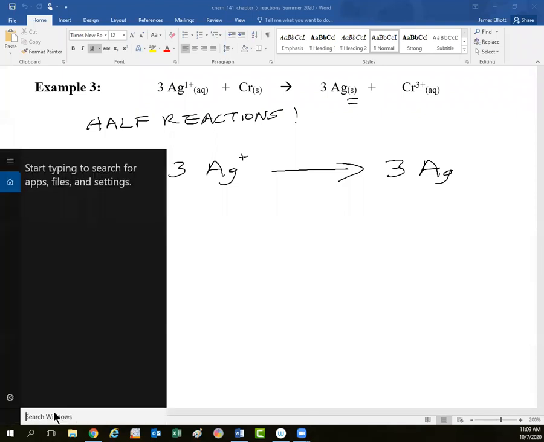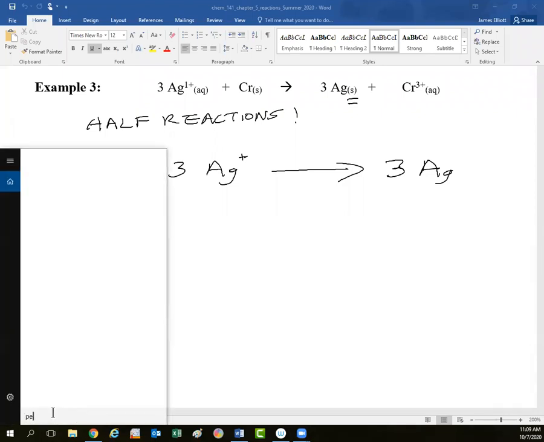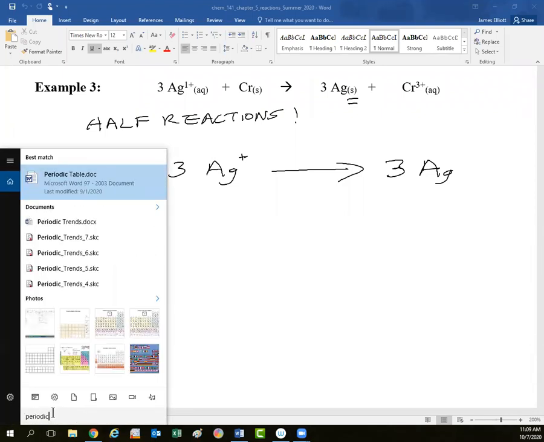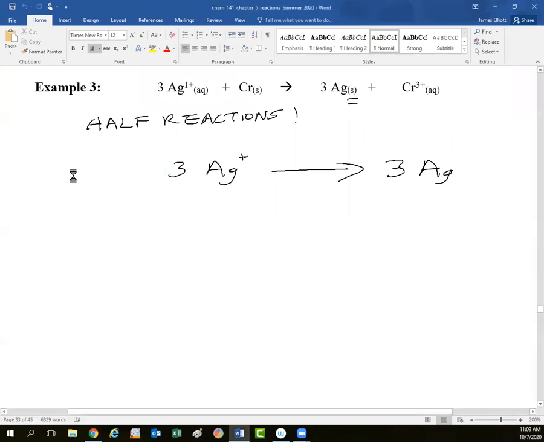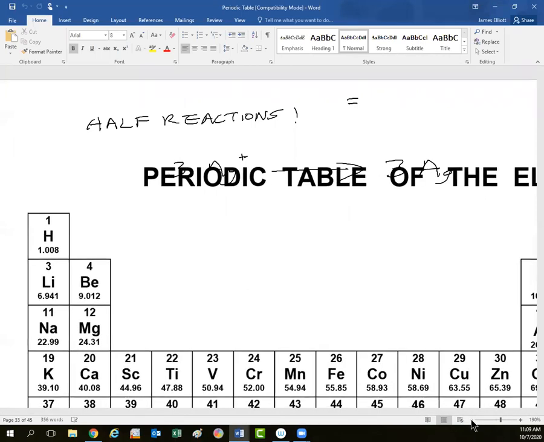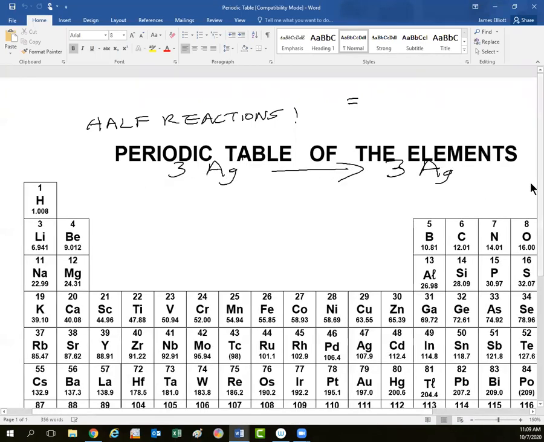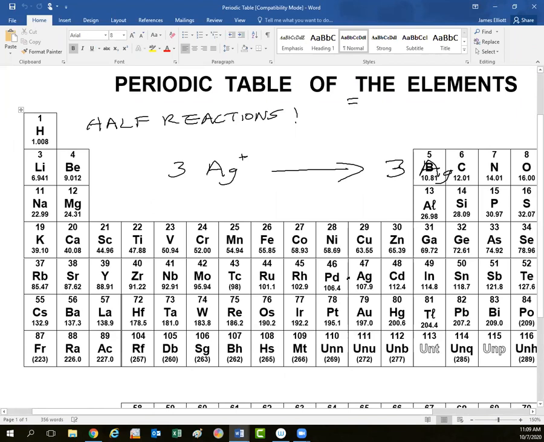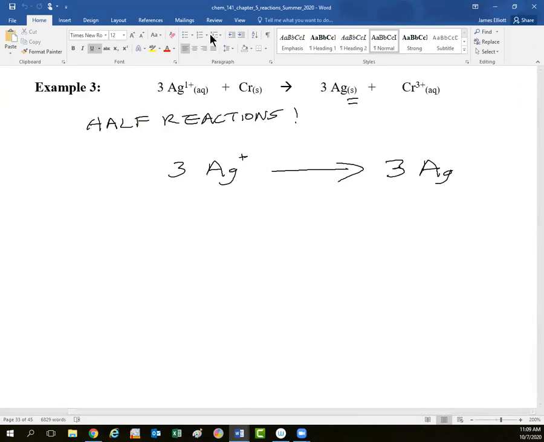So as we look for the atomic number of silver, silver in our transition block, of course, there she is there. Element number 47, which means that we have 47 protons in an atom of silver or an ion.